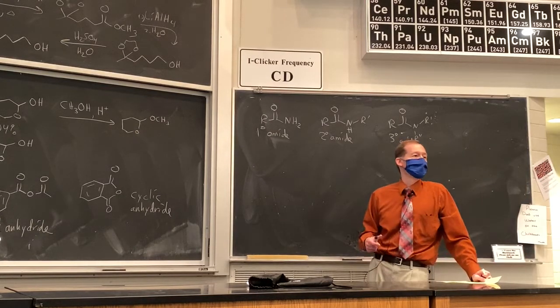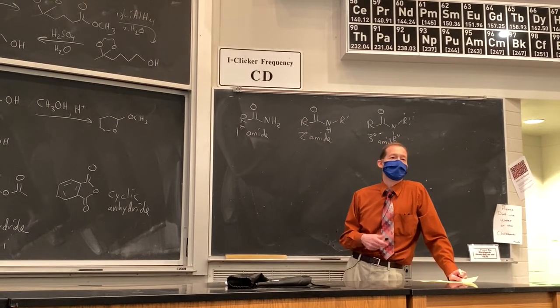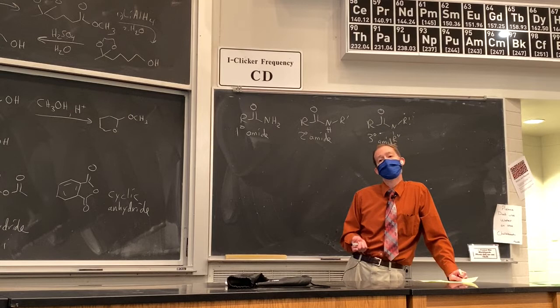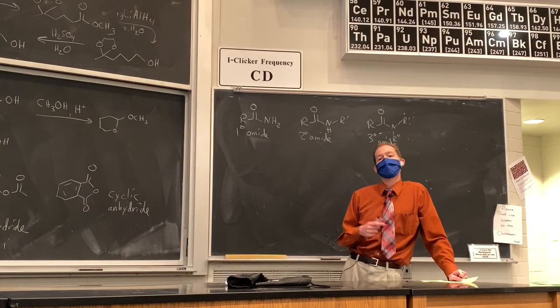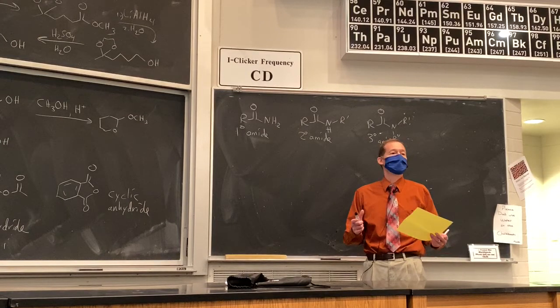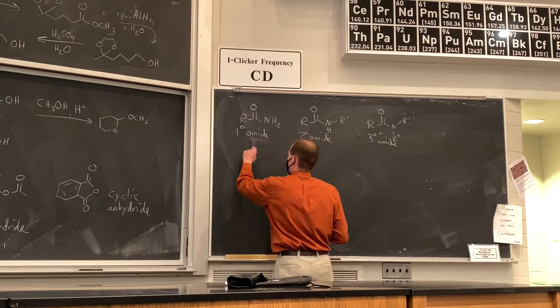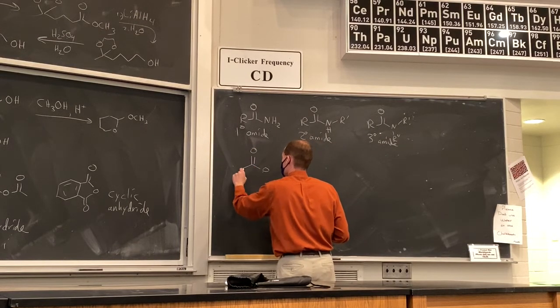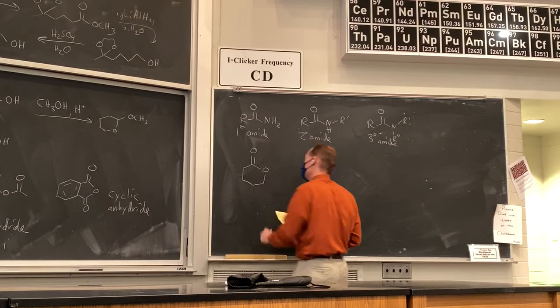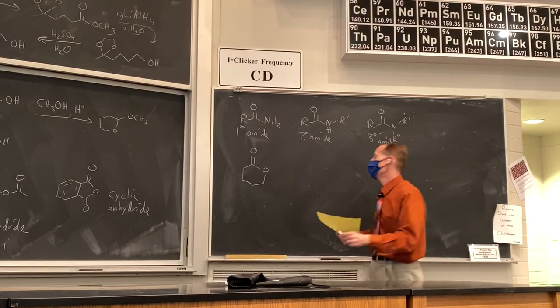Cyclic esters and amides have their own special terms. A cyclic ester is known as a lactone, and a cyclic amide is known as a lactam. And we use Greek letters to indicate the size of the ring, and I'll show you how this works. So this molecule is a cyclic ester, so we would refer to it as a lactone.